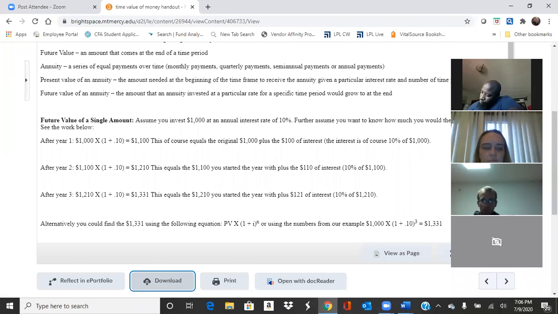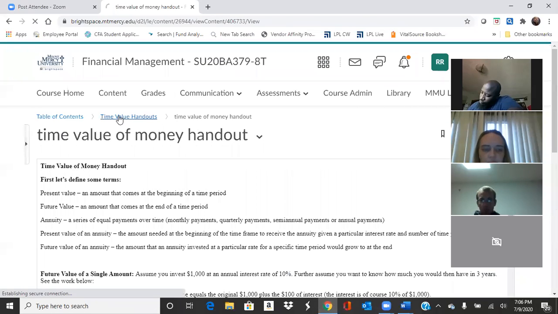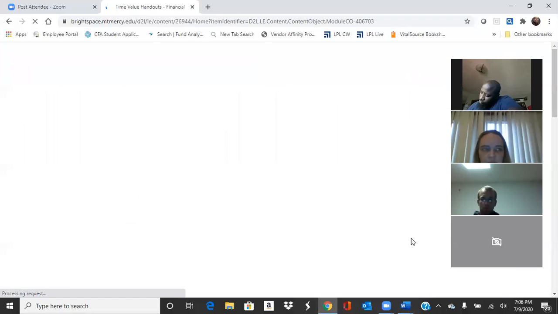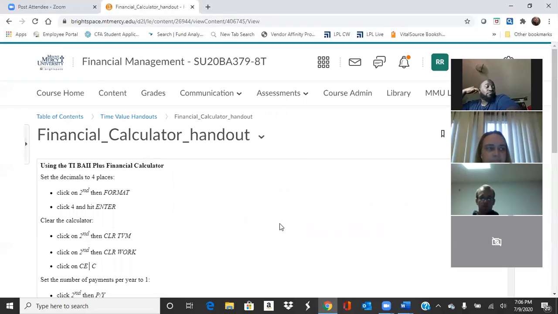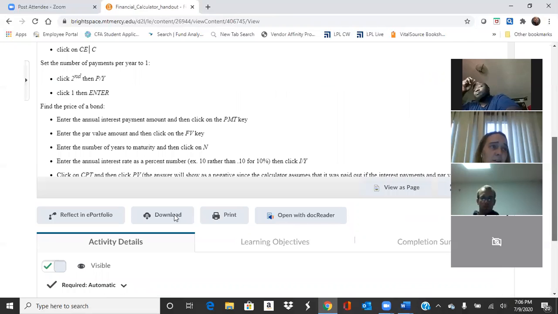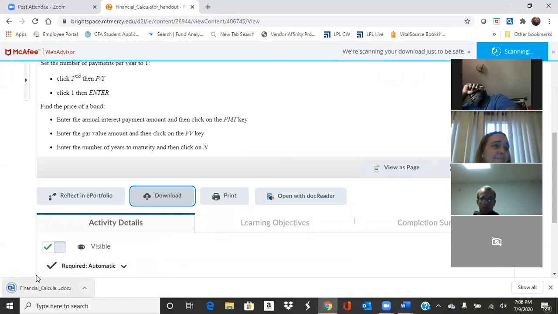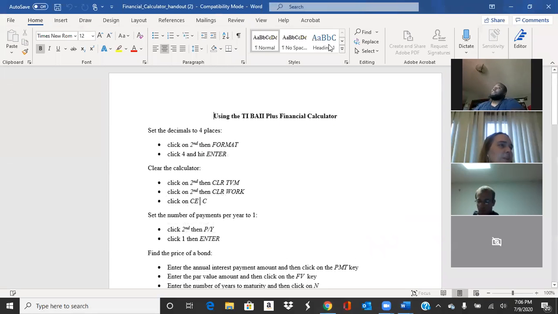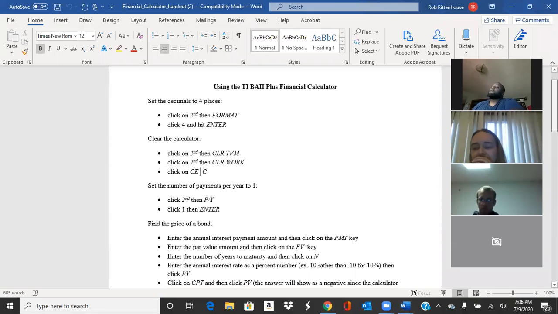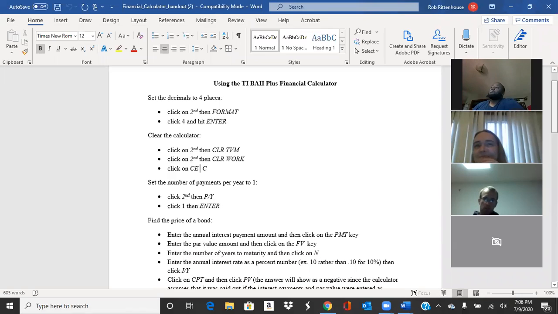Let me download the time value handouts, your financial calculator handout. Here's a financial calculator handout here.